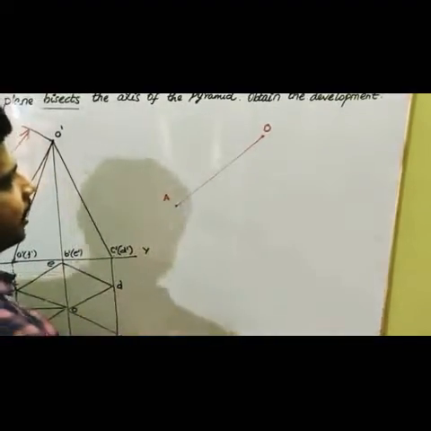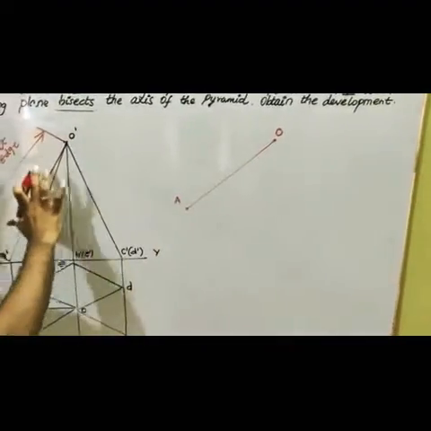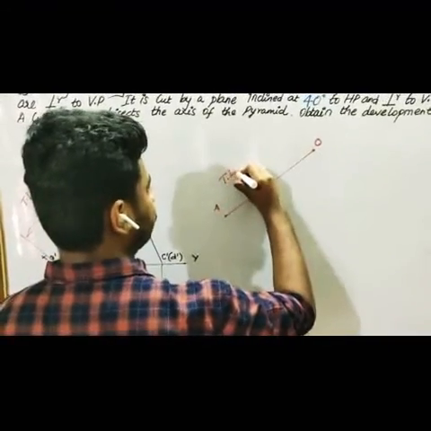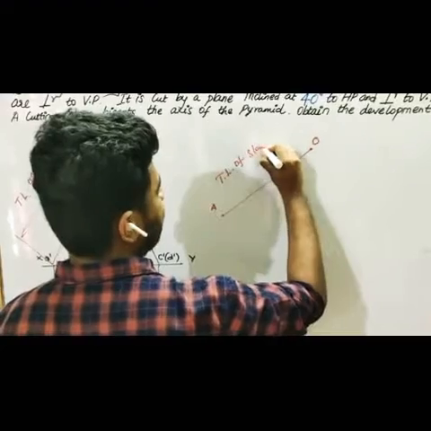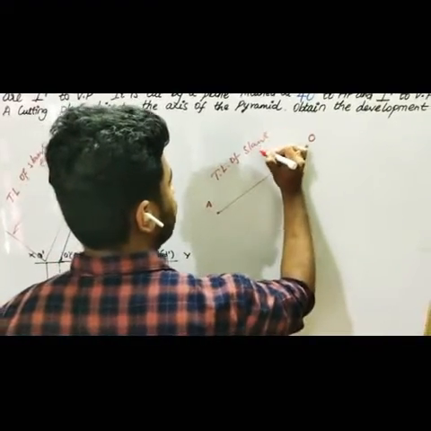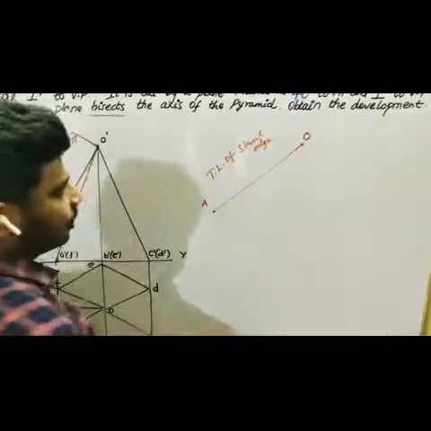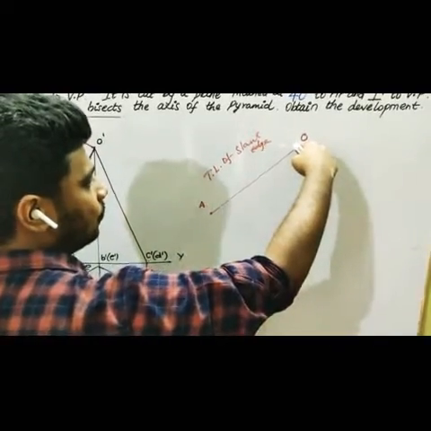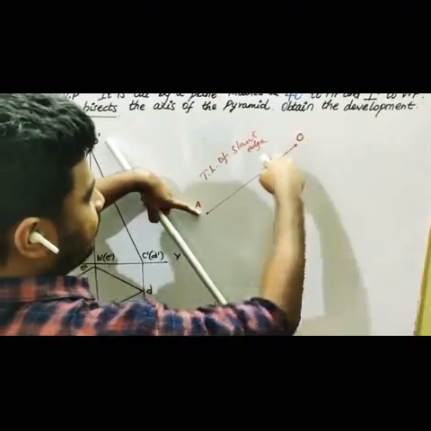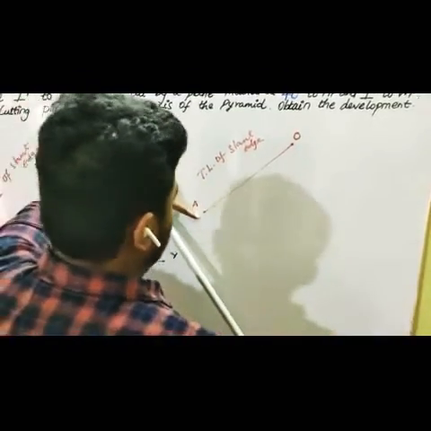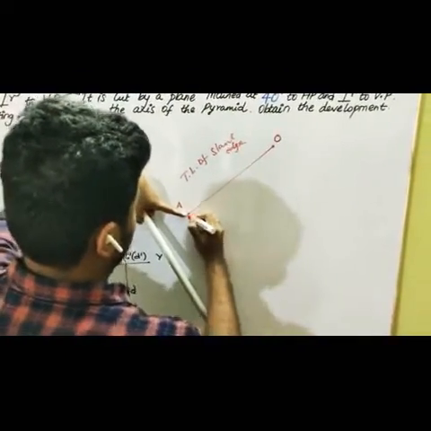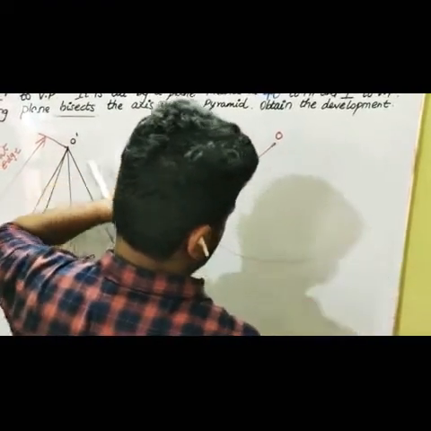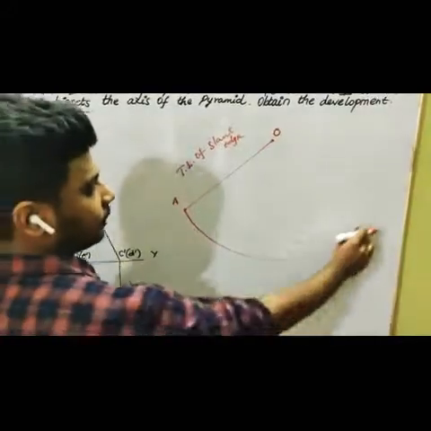This length will be exactly equal to the true length of your slant edge. So now take a compass. This is your center O and OA as the radius. You draw an arc here like this. You draw the arc, right?